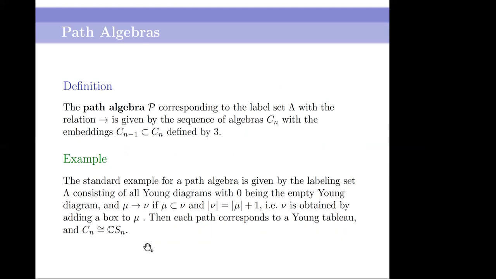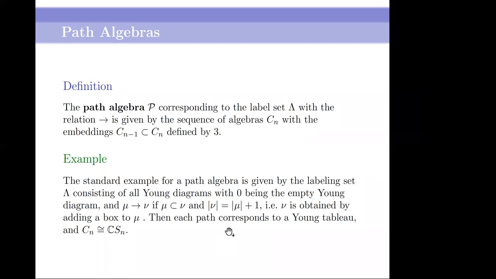And the standard example of a path algebra is given by the labeling set that consists of all the Young diagrams, with 0 being the empty Young diagram, and you have the relation mu nu if mu is included in nu and you can obtain nu from mu by adding a box.